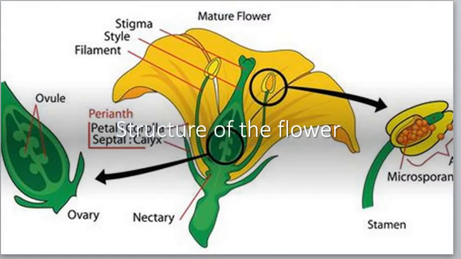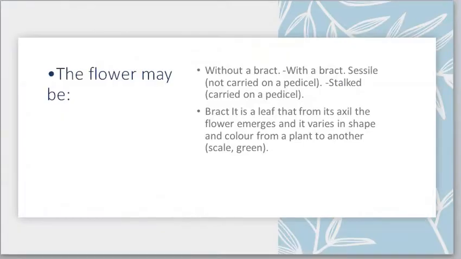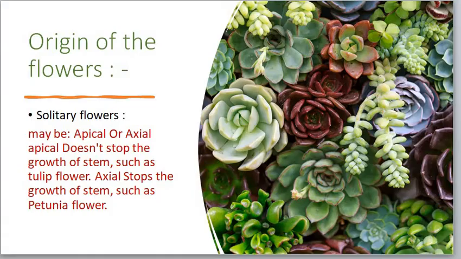Let's start with this part. The flower may have a bract that comes from leaves, or be without a bract, and may be sessile or have a stalk. The solitary flowers may be apical or axial.